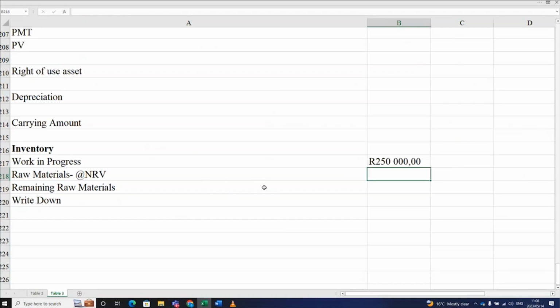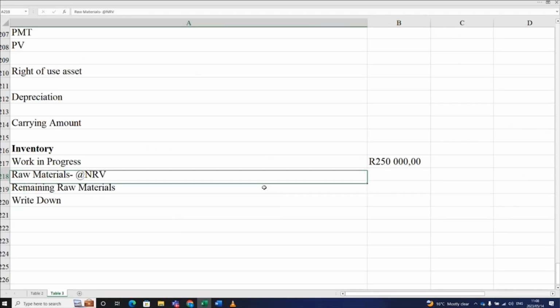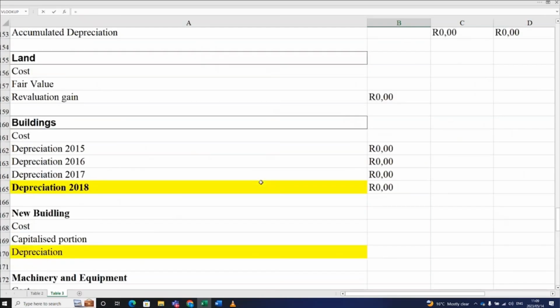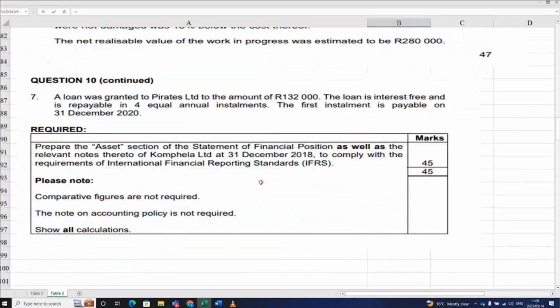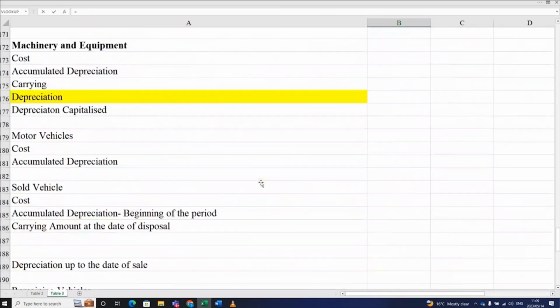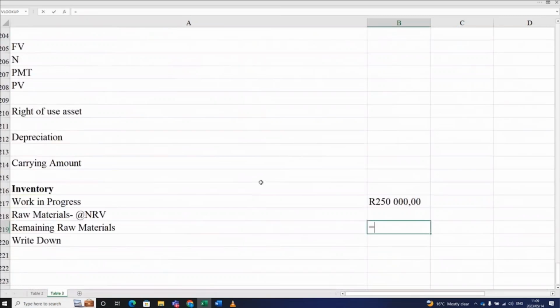Then the raw materials must be at NRV, right? So the remaining raw materials, we saw from the question, they said that 40% of them got damaged beyond sale, so they have zero value. Then we just need to get that value. The starting value was 380,000.